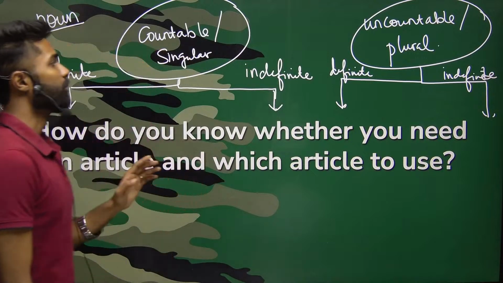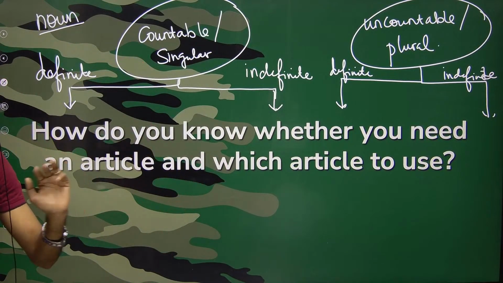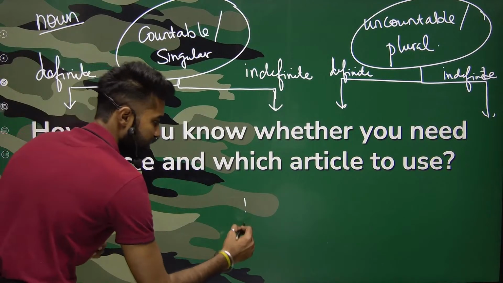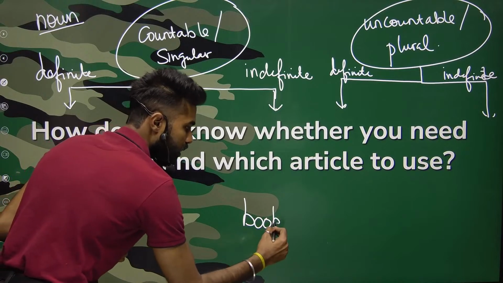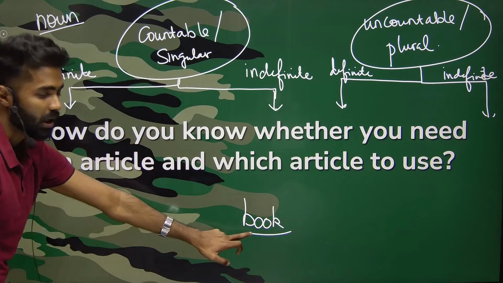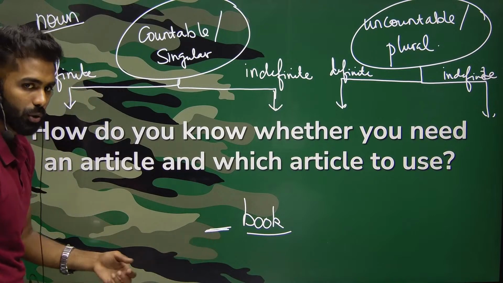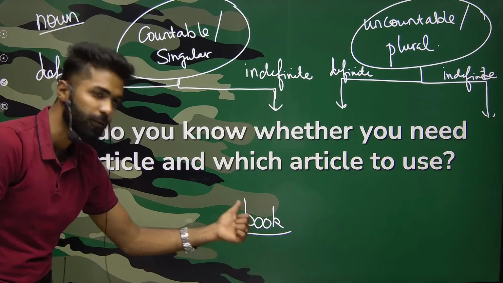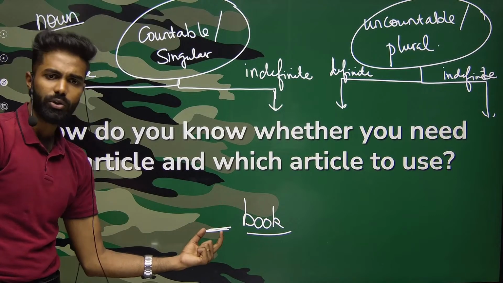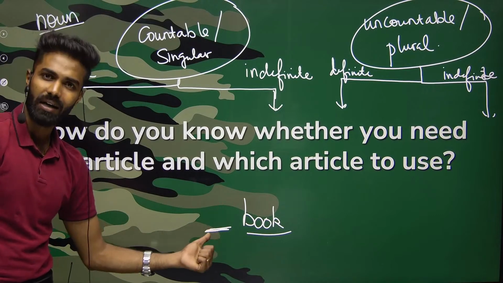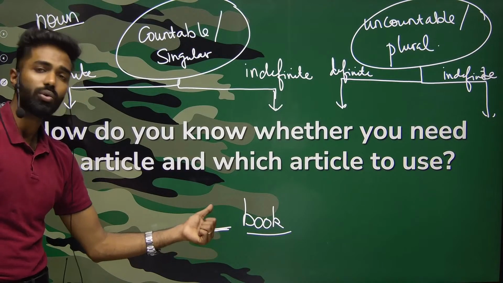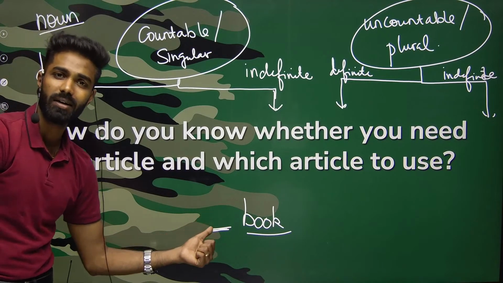For example, now I will take a noun, which is book. How will I know if I have to place an article here or not? Because I told you an article will only be placed before a noun, right? Am I going to add an article or not? Am I going to place a or an?